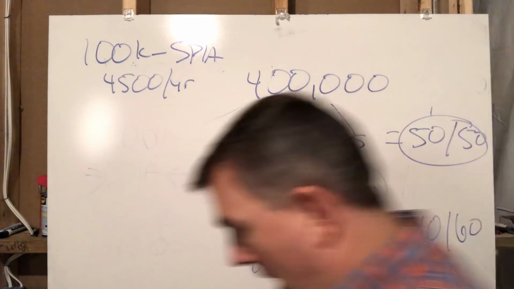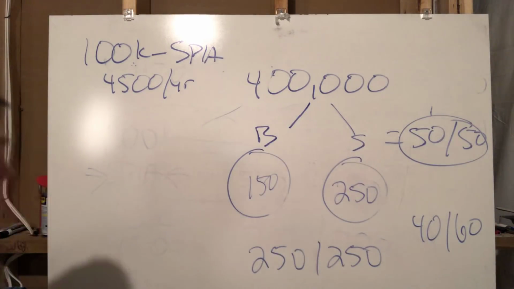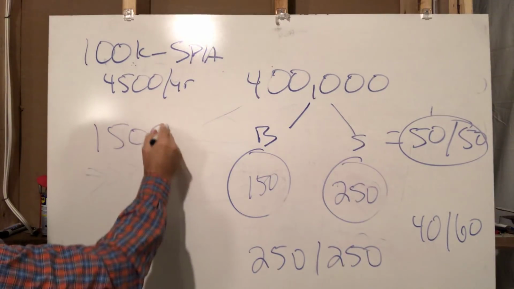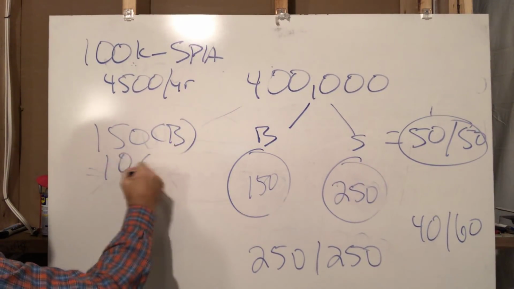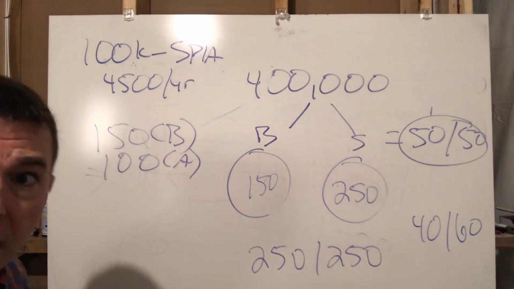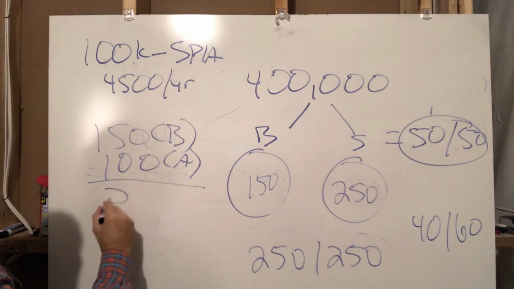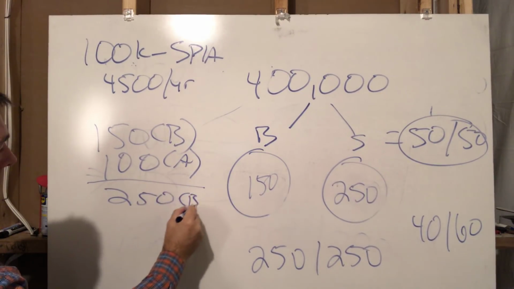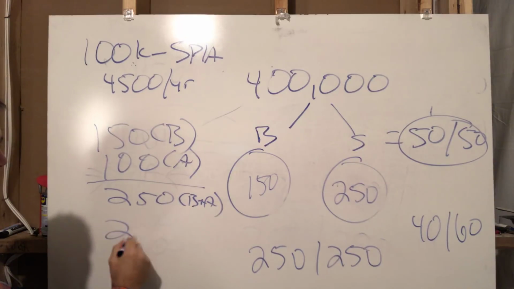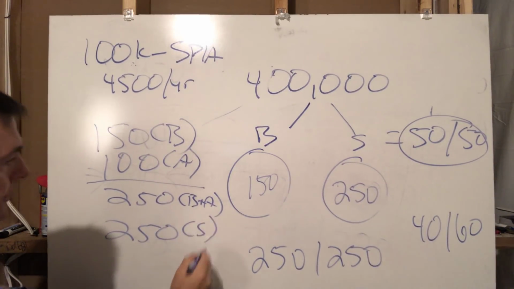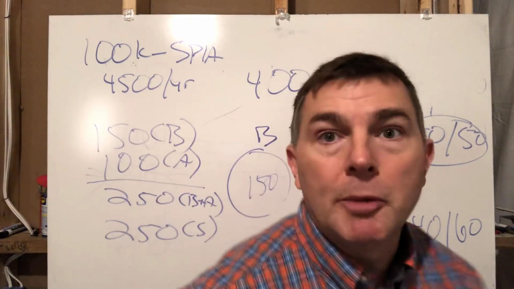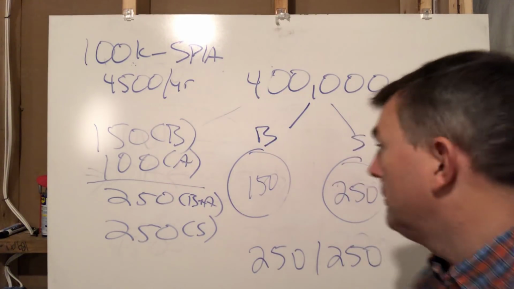Because what happens is now, let me go here. Okay, well, now we got 150 in bonds, 100 in annuity. You can see that. All right, so that's 250, bonds plus annuity. And then 250 in stocks. All right, that's what we want to maintain the 50-50 portfolio.